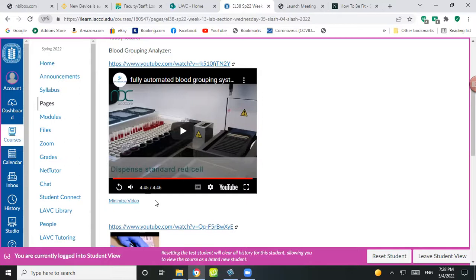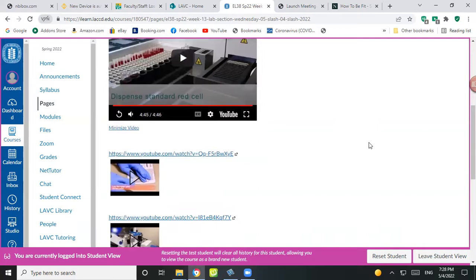Normally they will do blood types or blood grouping determinations manually. I don't see this type of blood grouping analyzer or system much at all. You'd be surprised if you see one around. I would think that at a Red Cross center they probably have that.